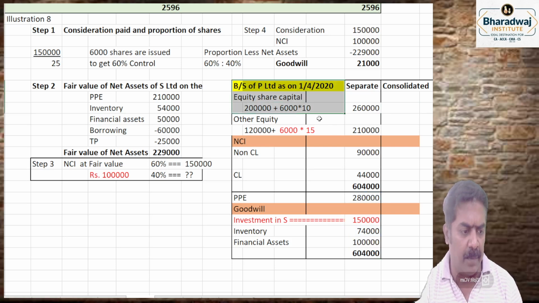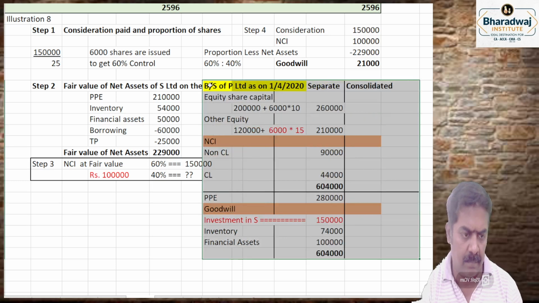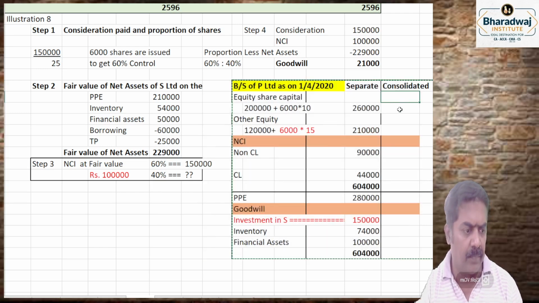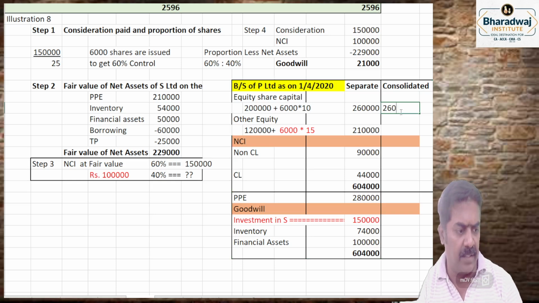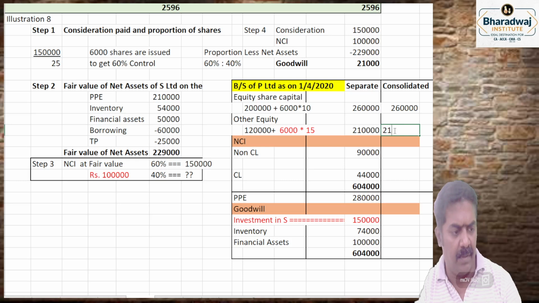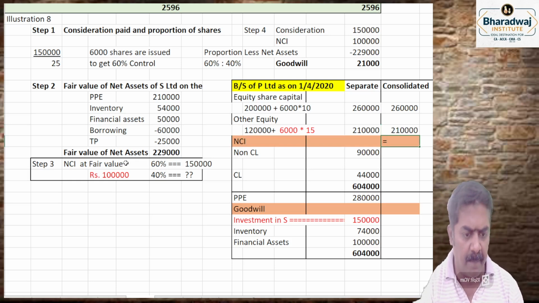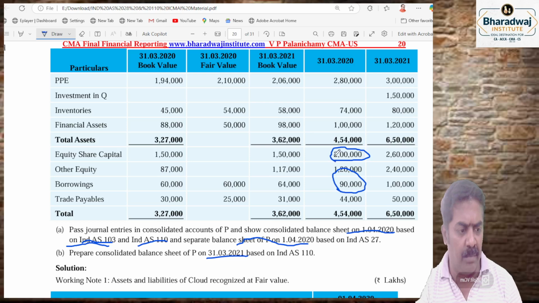When you prepare the consolidated accounts, what will you do? This will be the same, 2,60,000 will come. Then other equity, the same, 2,10,000. NCI, how much will come? Initial recognition of NCI, 1 lakh. Non-current liability, add both.